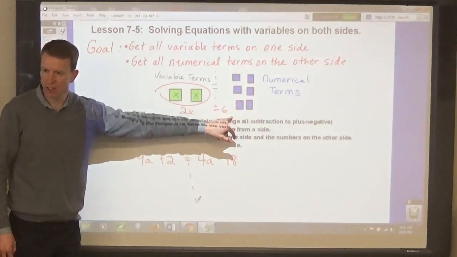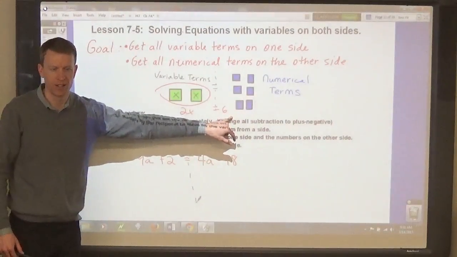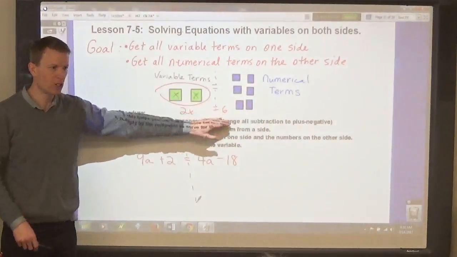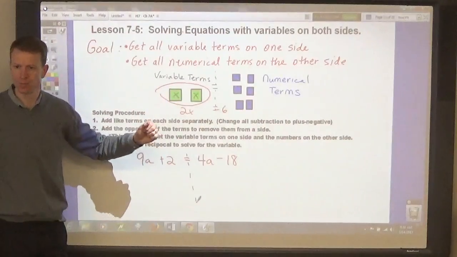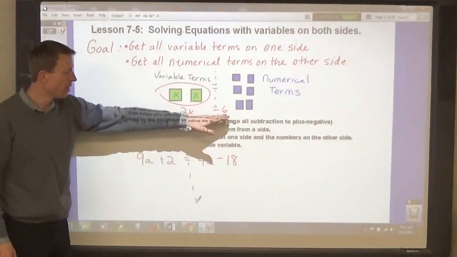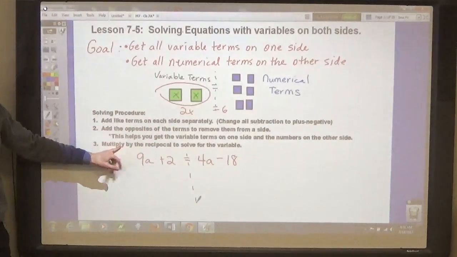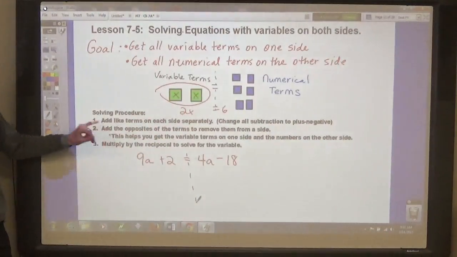Because you all know how to solve an equation like this already, right? This is just simple. One step, divide both sides by 2, x equals 3, right? But if we're not to that point yet, this is what we're going to do to get there. We'll follow this procedure.